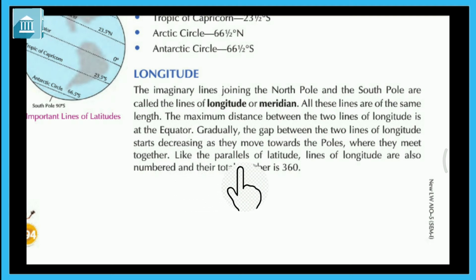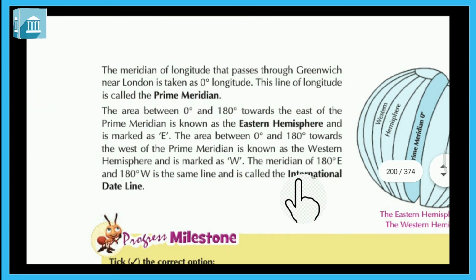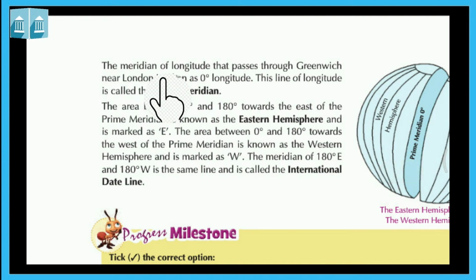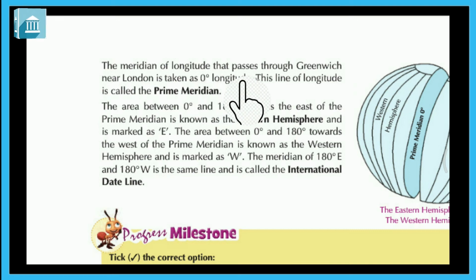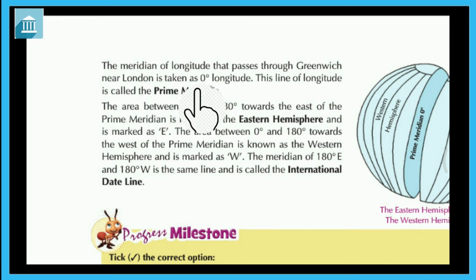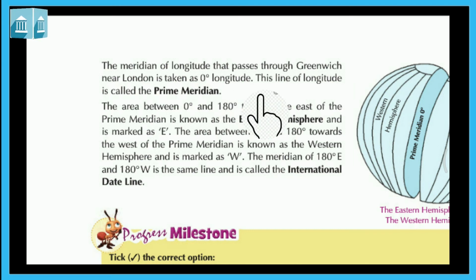Like the parallels of latitude, lines of longitude are also numbered and their total number is 360. The meridian of longitude that passes through Greenwich near London is taken as 0° longitude.